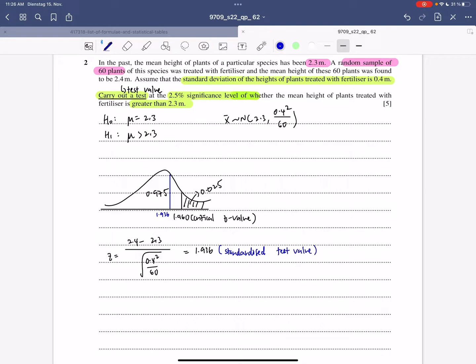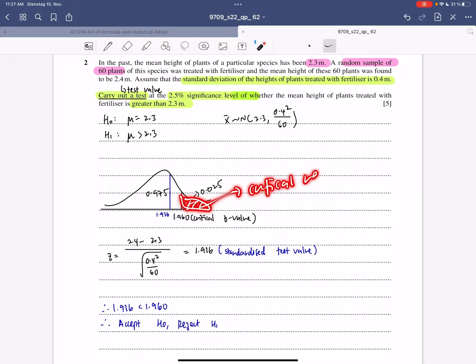This also can be called the test statistic. So you have to compare: 1.936 is less than 1.960, hence accept H null, reject H alternative, since anything here will be critical region, and here will be the acceptance region.